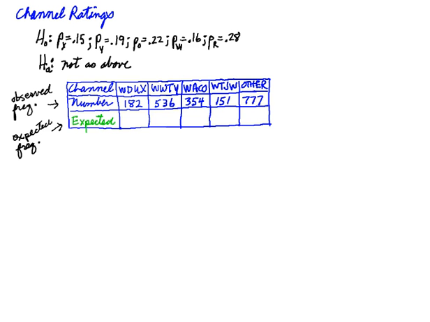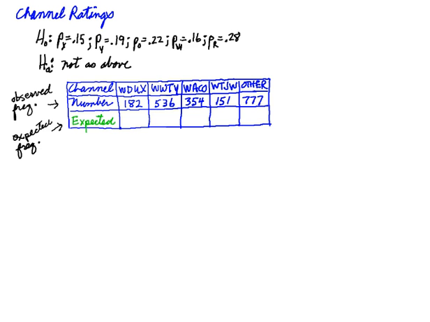Well, we had a sample of size 2,000, and in our last rating period, WDUX had 15% of the viewing audience, so we would expect out of our sample of size 2,000 that 15% of those, if there's nothing that has changed, should be going to WDUX.